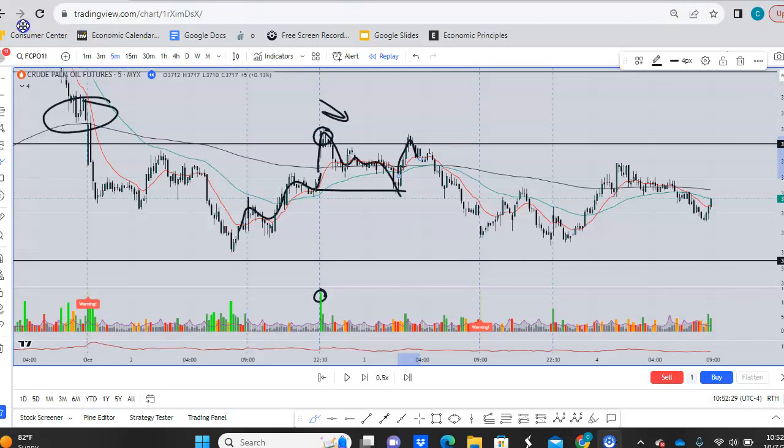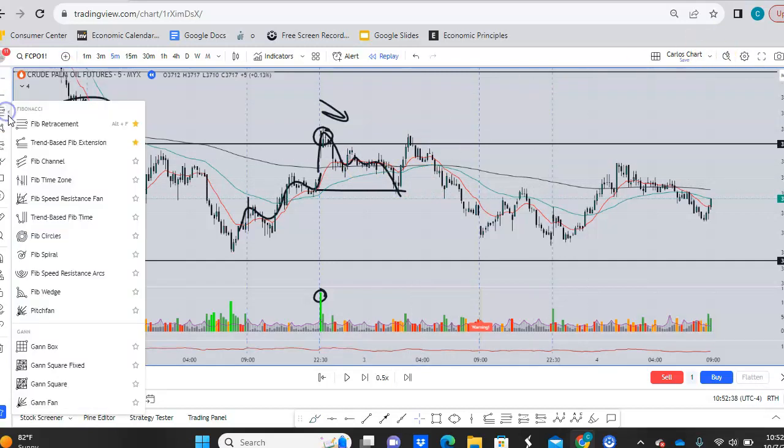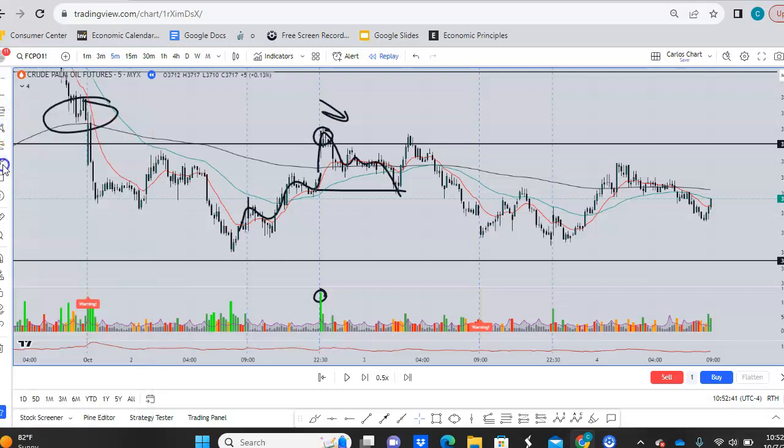Sorry, this thing's in the way. So once you have your V formation with volume, we could expect a test, because this is the range, the FOMO, and the stop hunt.